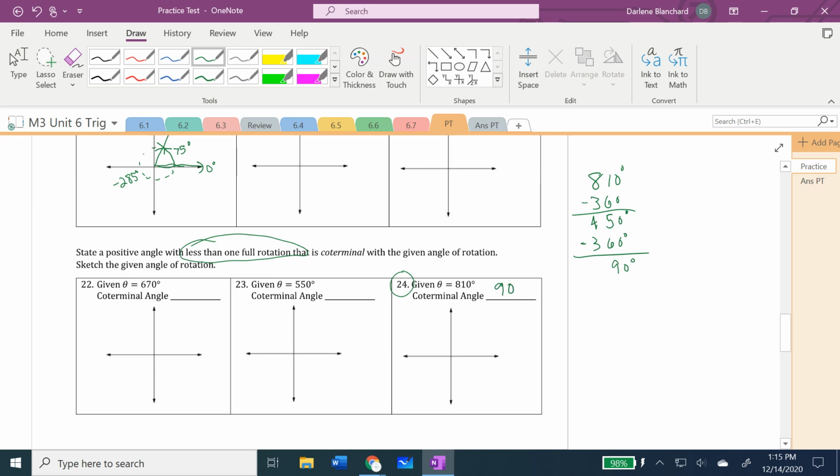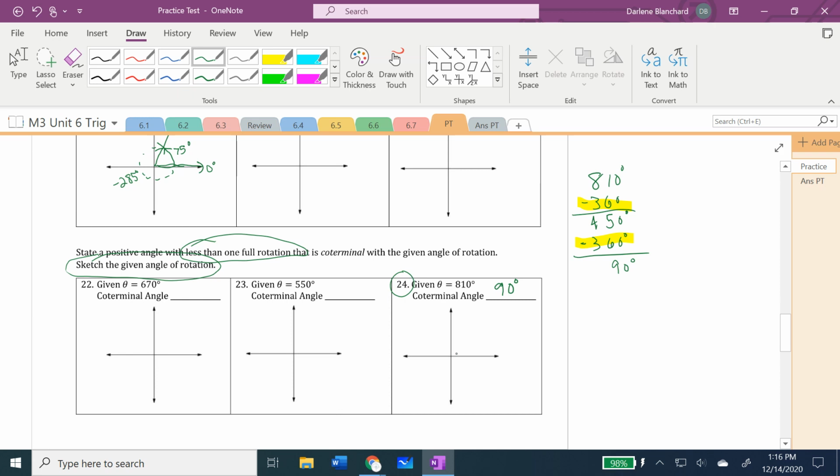So your coterminal angle that is less than a full rotation is 90 degrees. Then this is asking you to just sketch the given angle only. You're not sketching the 90-degree angle. You're sketching the 810-degree angle. Because I had to subtract 360 twice, I have to go around the circle twice.